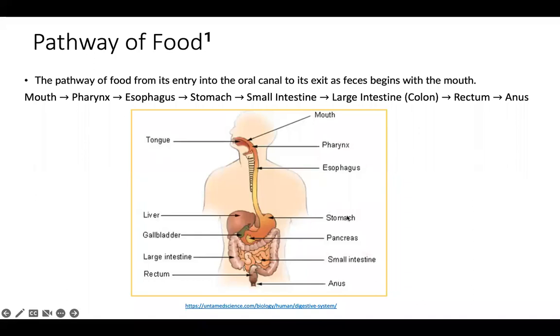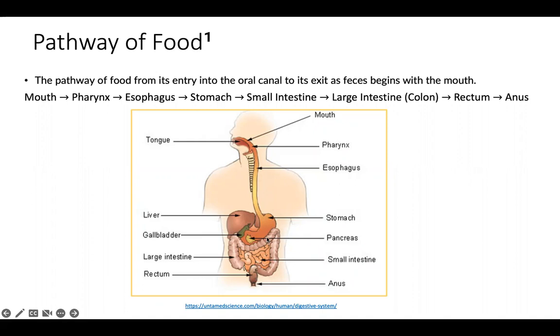So now we are down by the small intestine. And after it leaves the small intestine, it moves into the large intestine. And in this area, this is where the stool and the waste, any residual food that wasn't absorbed, goes.